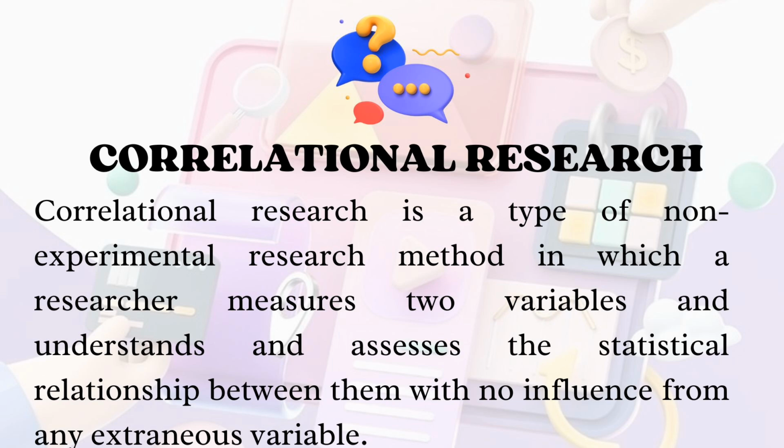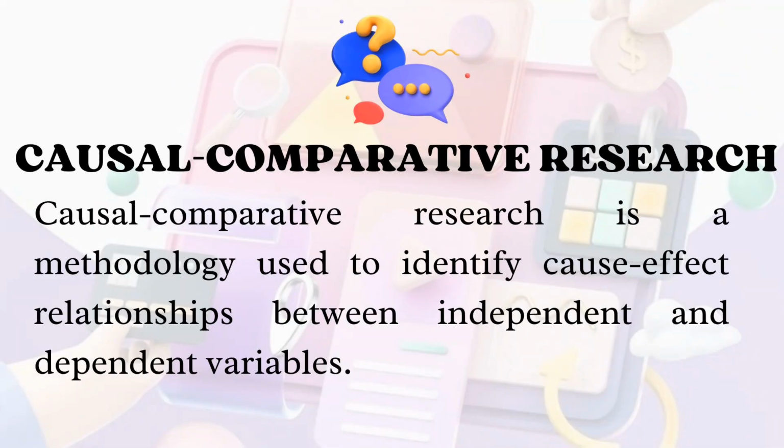The third one is the causal comparative research. Causal comparative research is a methodology used to identify cause-effect relationships between independent and dependent variables. So, compared to the first two types of research that we have discussed, causal comparative is kind of different because it is used to identify the cause and the effect, hence the name causal and comparative.